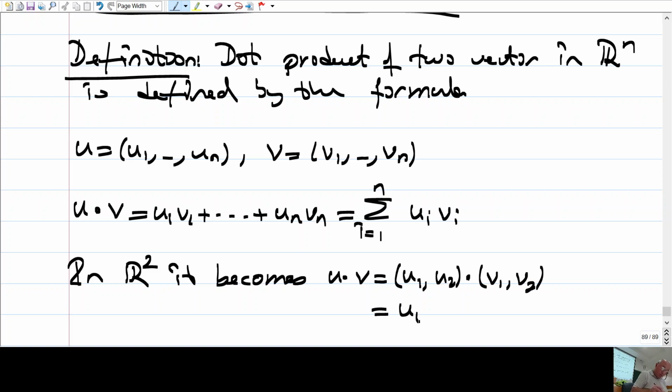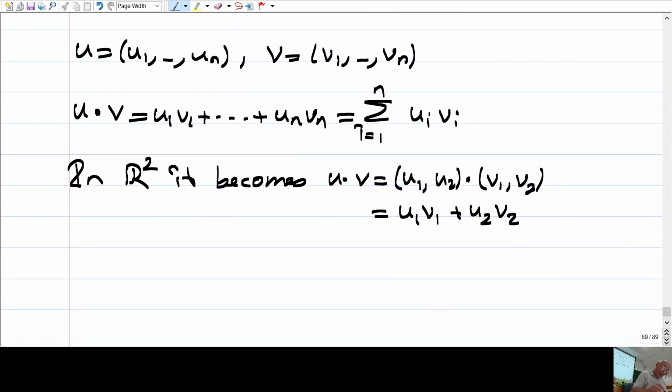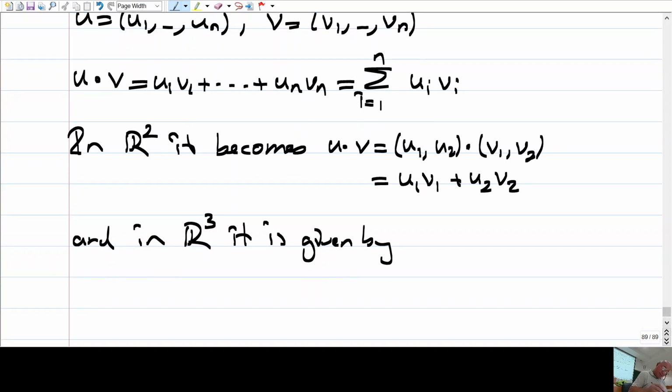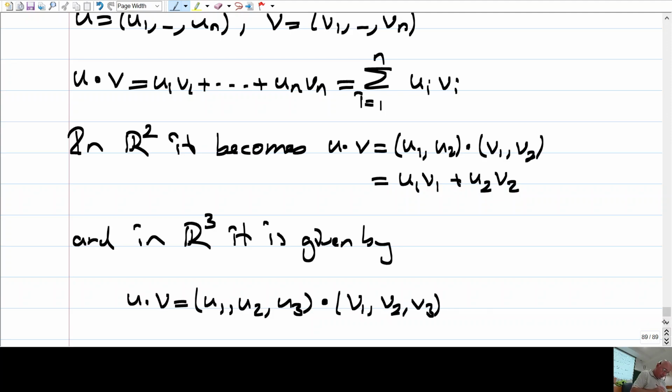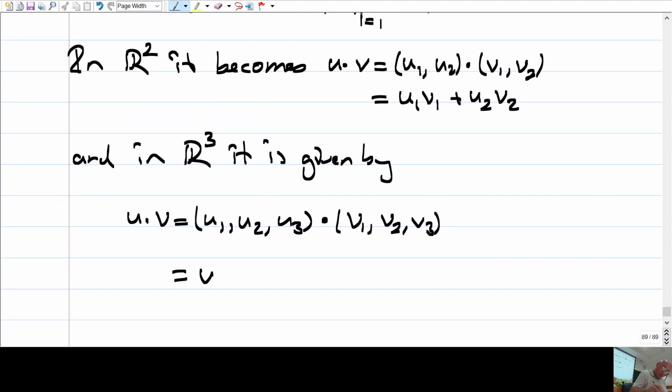So it is just u1 v1 plus u2 v2. And in R3, it is given by, let's see, u dot v. u is, let's say, (u1, u2, u3) dot (v1, v2, v3), and it is just u1 v1, this is the usual product, plus u2 v2 plus u3 v3.